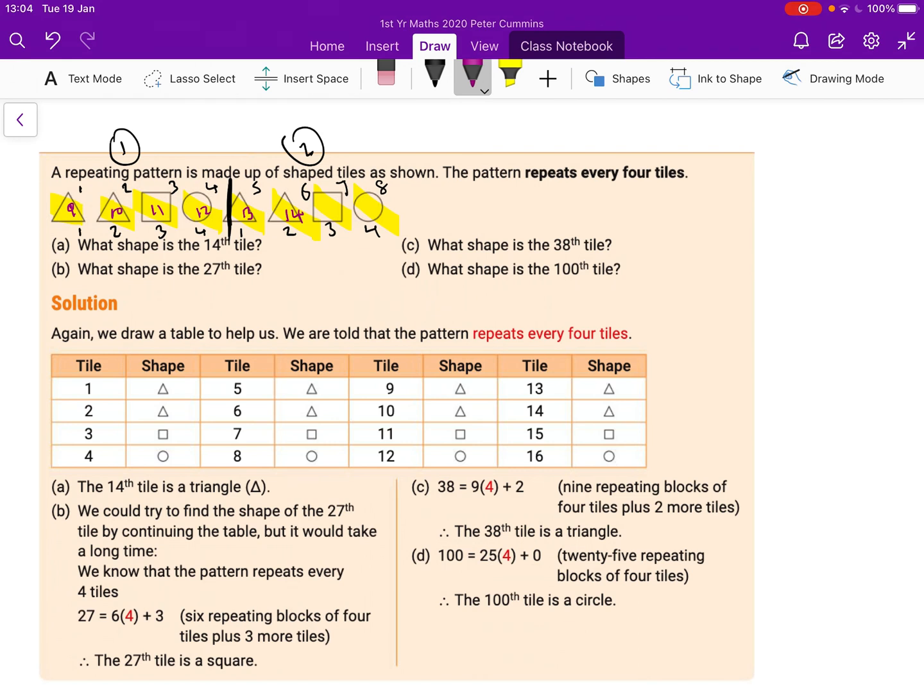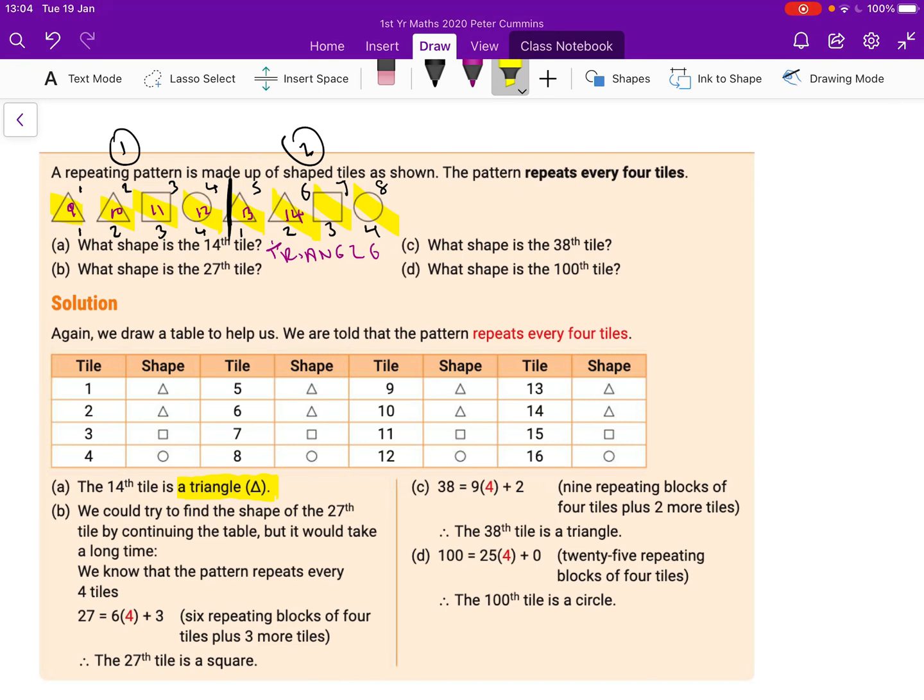So our 14th shape is going to be a triangle. Oh, it actually gives us the answer down the bottom here. Look, so our 14th shape is going to be a triangle. We can work out the 38th tile by just doing the same thing, by just doing some counting.